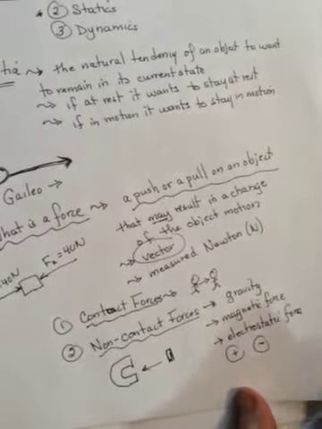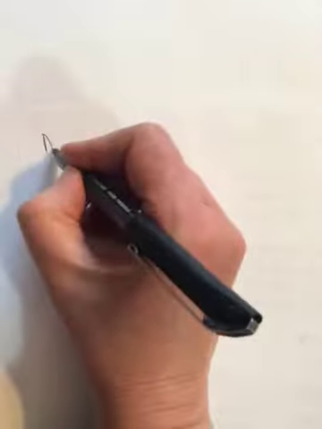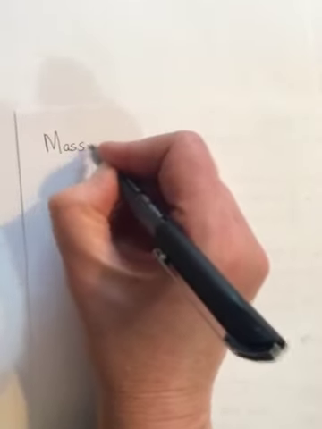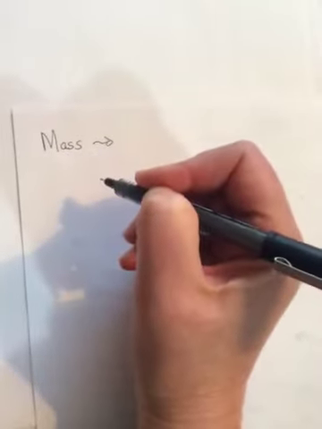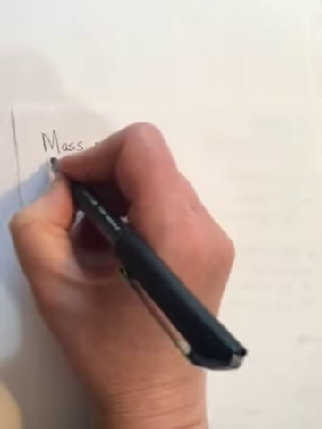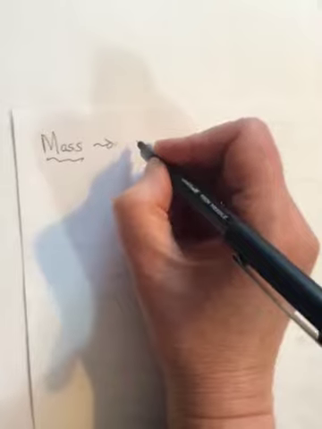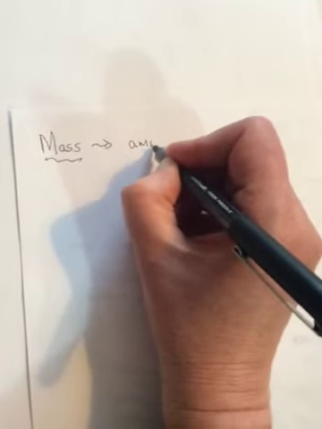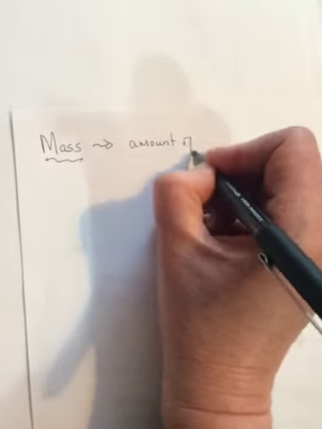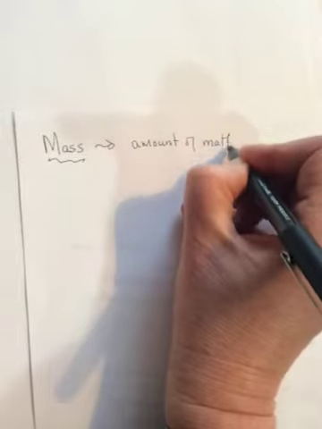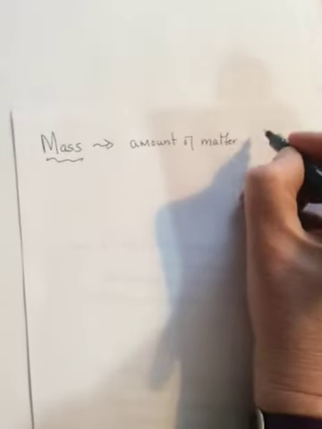All right, a few more little definitions. One is for mass. If you've taken chemistry, then you probably have a definition of mass in your back pocket already. But if you haven't, mass is simply the amount of matter that an object has.